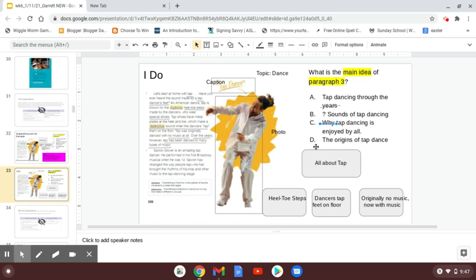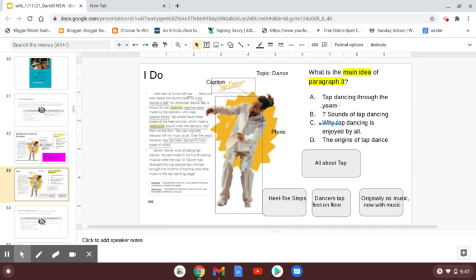And then last but not least, answer choice D, the origins of tap dance. I know that the word origins is a short word for original, or like why something started. So they didn't really tell me why or where tap came from.